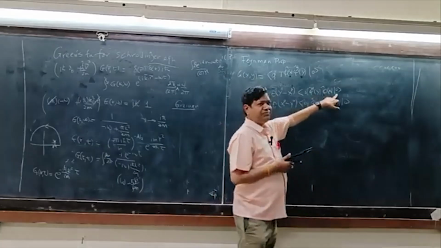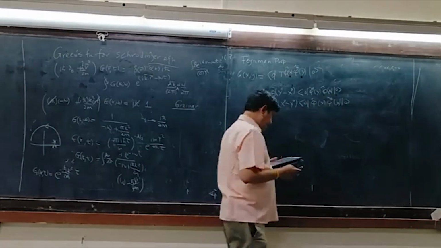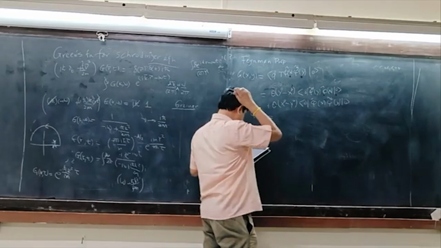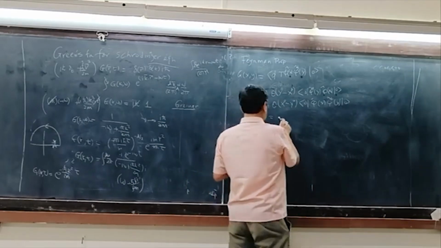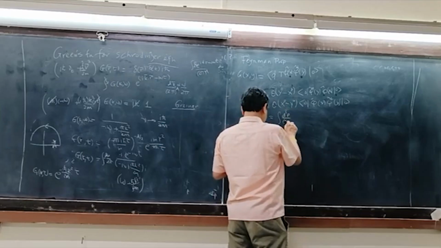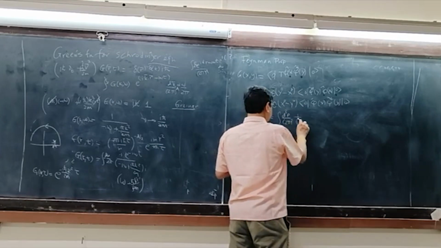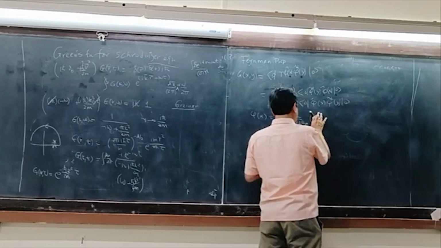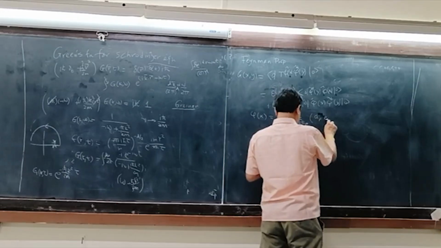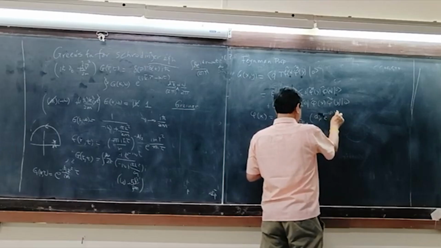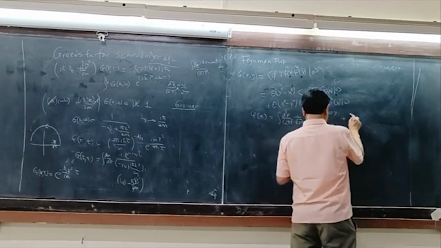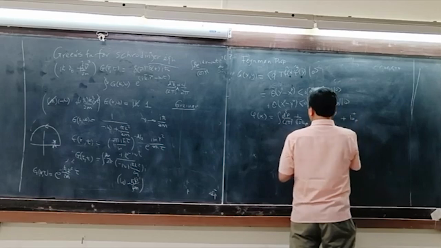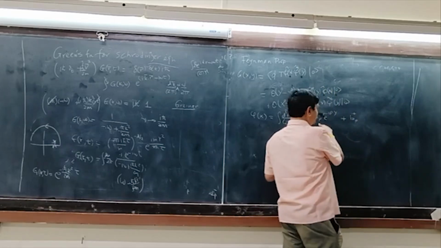So let's look at this phi. So you need to do phi x acting on 0. So first let's write down what is phi x. The complex scalar field, phi x, is written as the integral d cube p by 2 pi cube, 1 by square root 2 E p, a p e to the power minus i p dot x, plus b p dagger e to the power i p dot x. So this is the destruction operator.